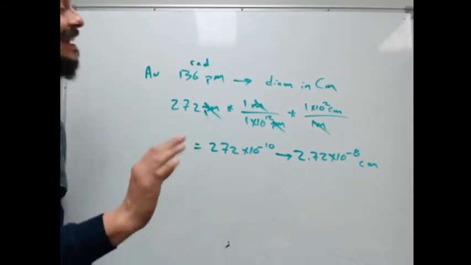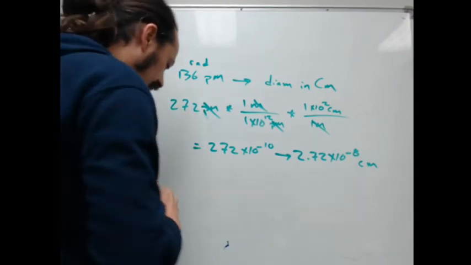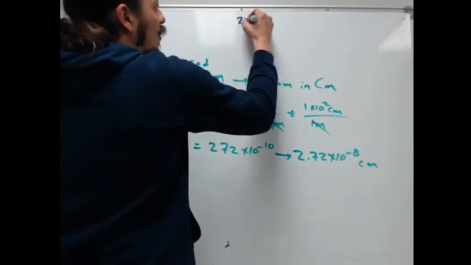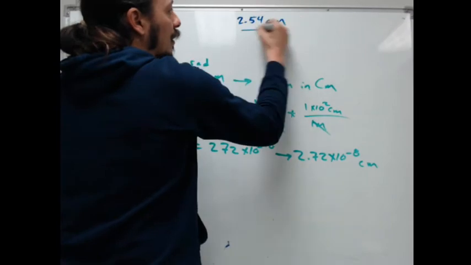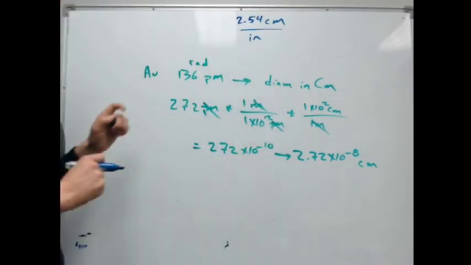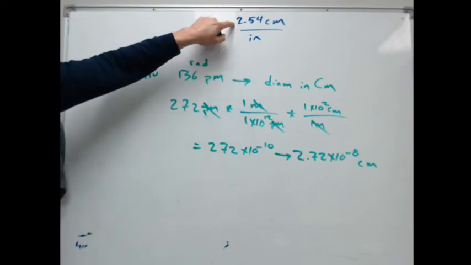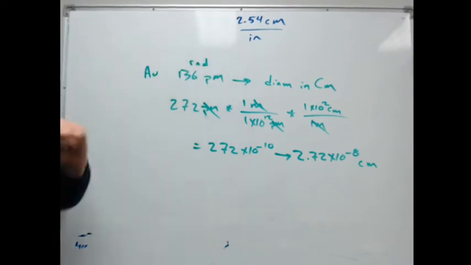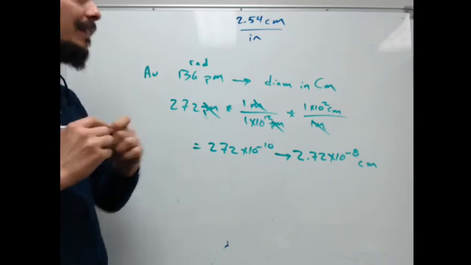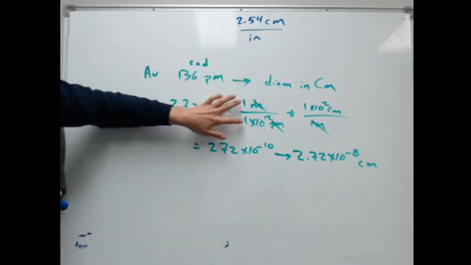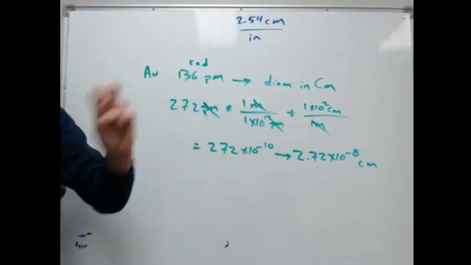That is very different than 2.54 centimeters per inch. That's not a definition, that's a conversion, and if you go online, you can look up a certain number of sig figs associated with that. So there are places where the sig figs matter, but those that are definitions are infinitely precise.